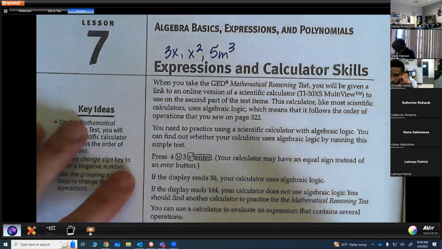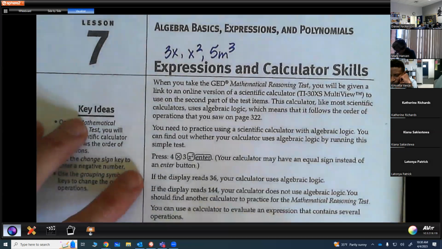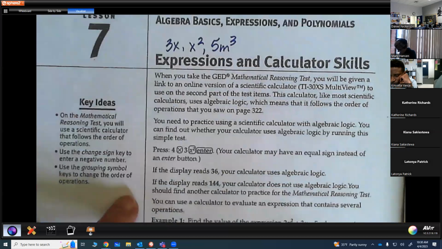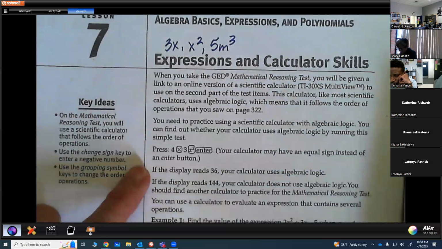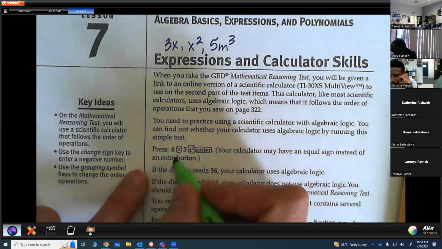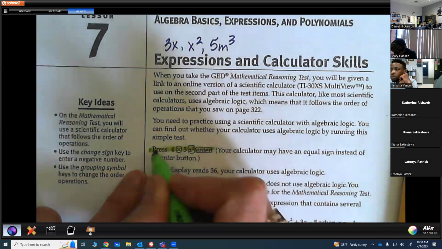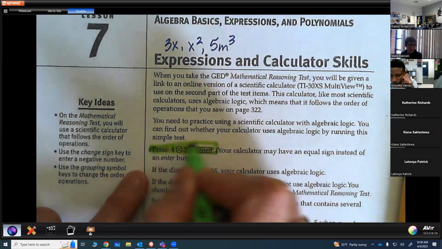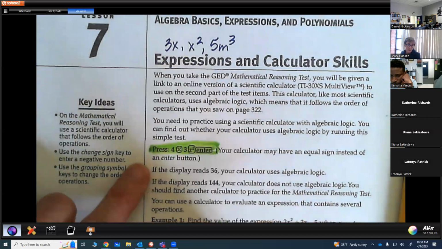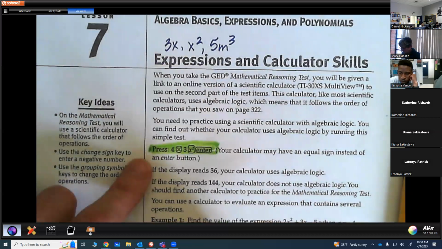We're going to be practicing with your calculator. This first series of buttons is just to verify that you have a scientific calculator that uses the order of operations.